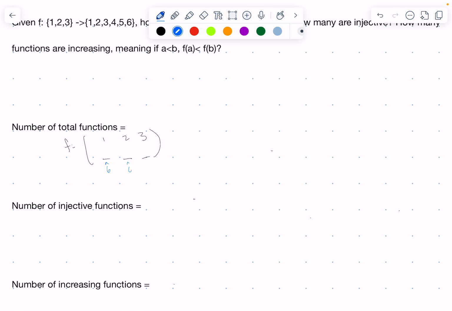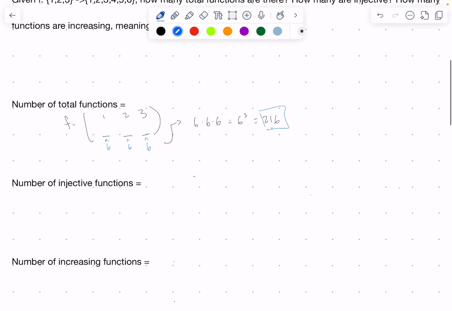For the second output, we also have 1 through 6 options. And for 3, we also have 6 options. Rewritten out, that means 6 times 6 times 6, which is 6 cubed, which is 216. Meaning we have a total of 216 functions.